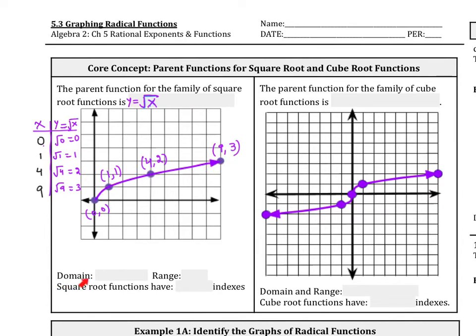Domain are the x values, and you can see that the x value is starting from 0. So this is the x value and is going this direction forever. It means x starting from 0, closed interval, and it's going to go to this direction forever.